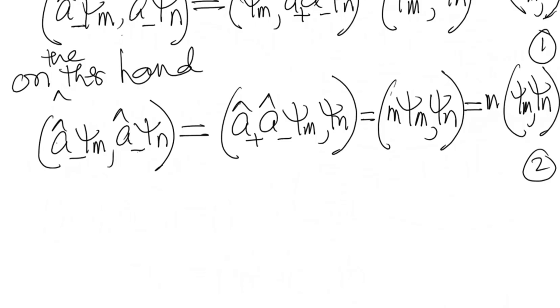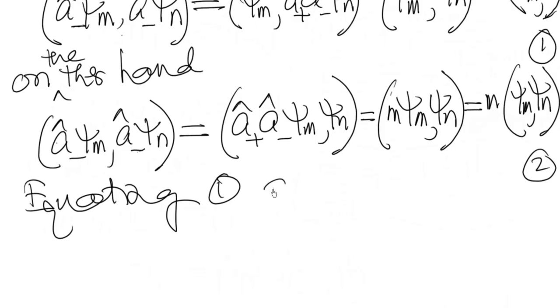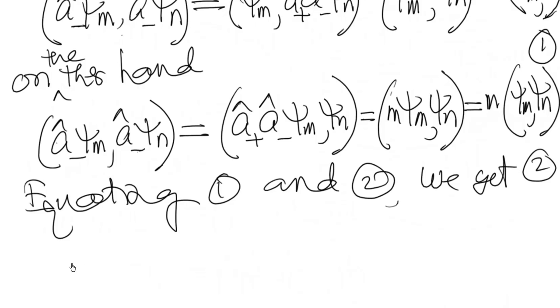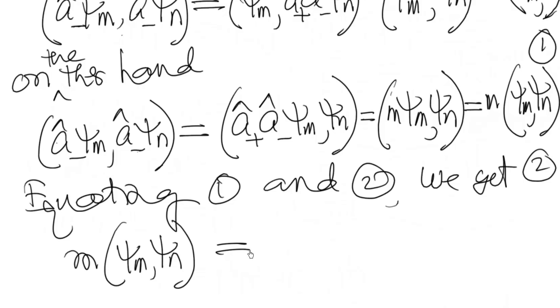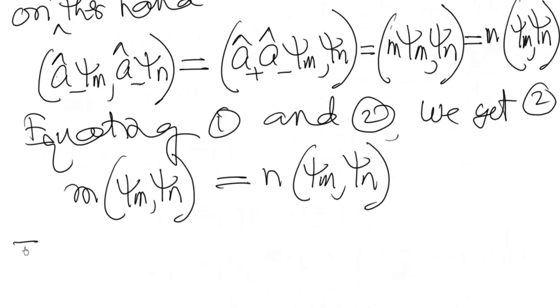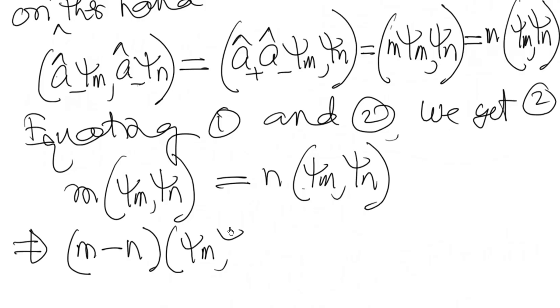Now you see the left hand sides of these equations 1 and 2 are same, therefore equating 1 and 2, we get this. So we can bring this one on the left hand side of the equation.